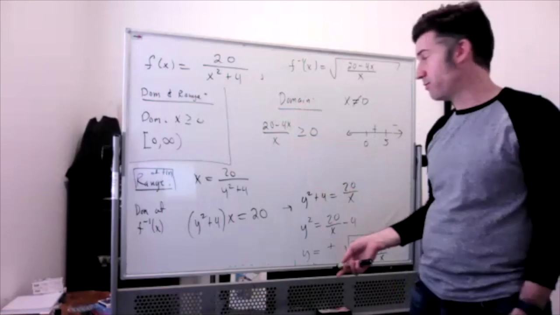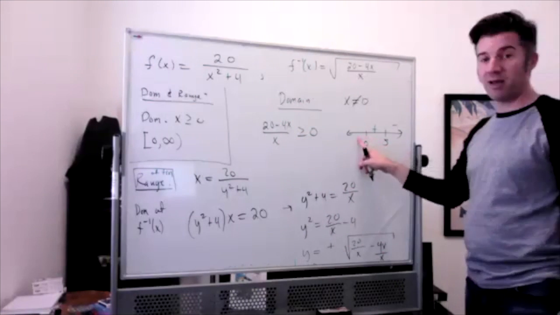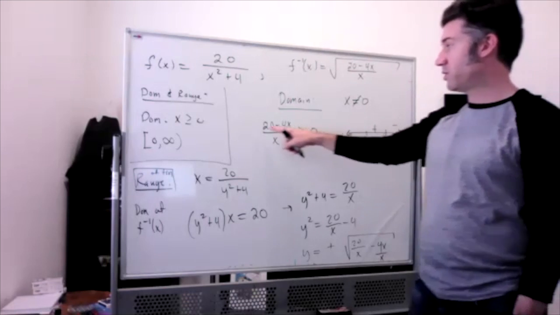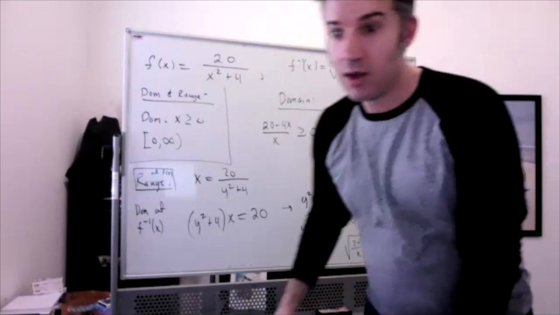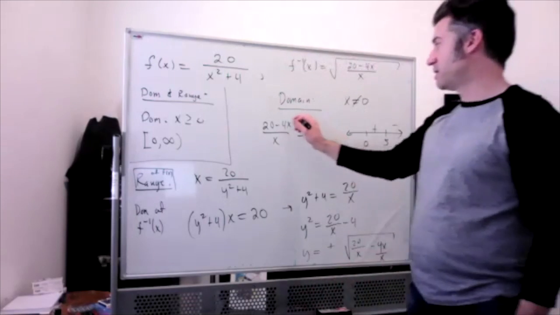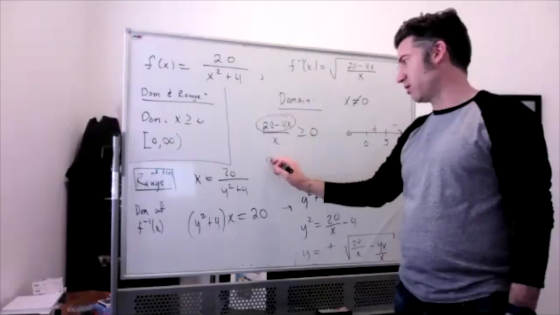And then we can pick a number over here like negative 1. 20 minus 4 times a negative number will always be positive. I got the 5 by seeing where the top was equal to 0.